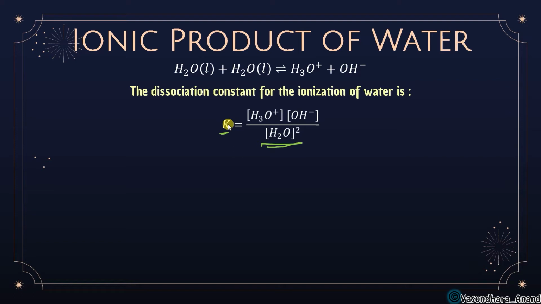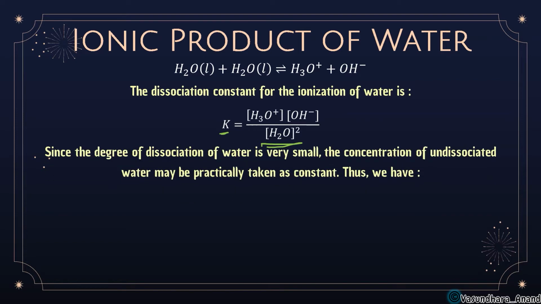Since the degree of dissociation of water is very small, the concentration of undissociated water may be practically taken as constant, and thus we have this. This is a constant, and this is also a constant. So I'm taking the constant on one side here. K into H2O concentration, and then it is left with this.